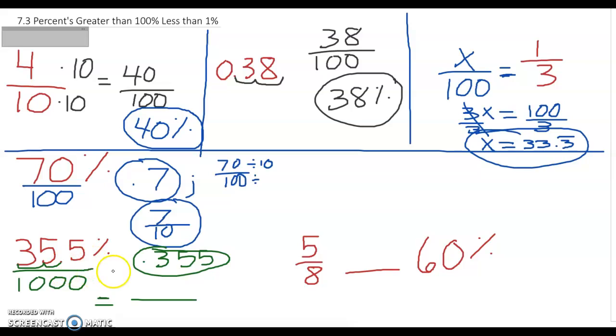We divide both by 5 and we now have an answer of 71 over 200. And that's how we convert those 2 percentages into a decimal and fraction.